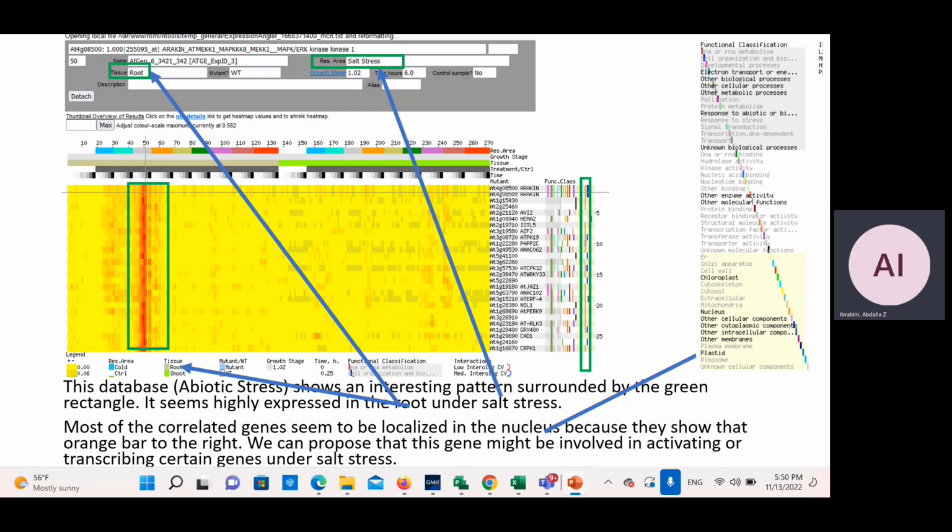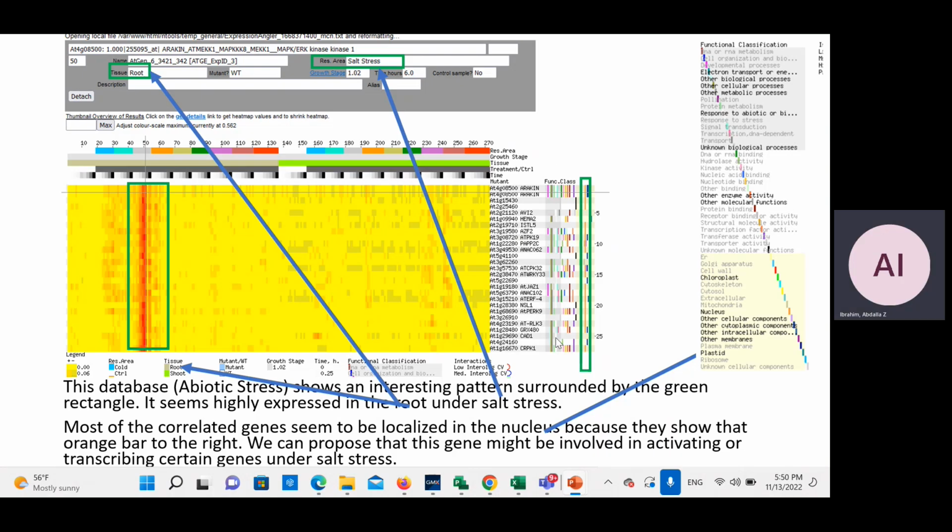In this case, this figure looks interesting, right? You could ask, okay, this says that it was highly expressed in the root. So this is the shoot, this is the root, right? The root, and specifically under what type of stress? You go under treatment, here, and you would know that this is specifically salt stress, right?